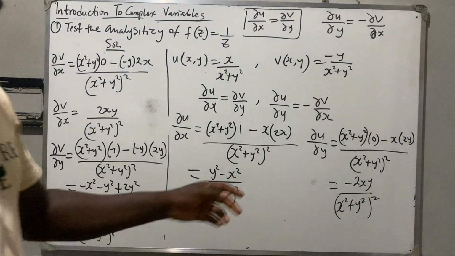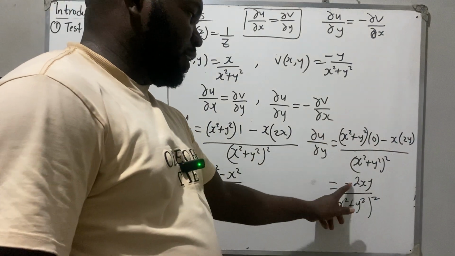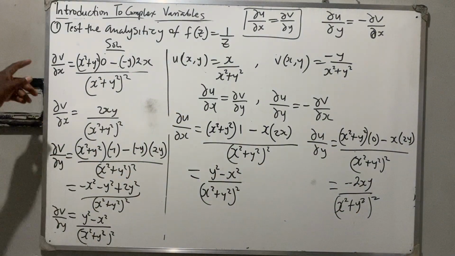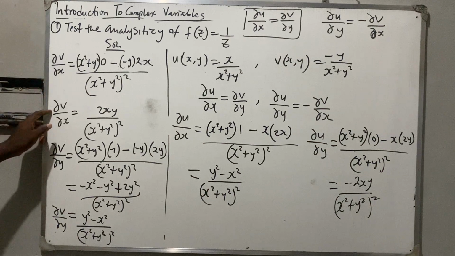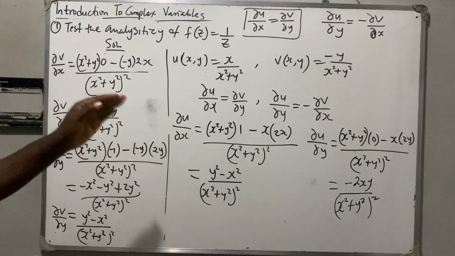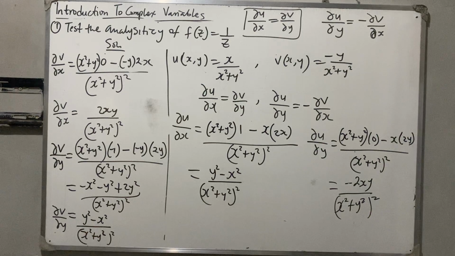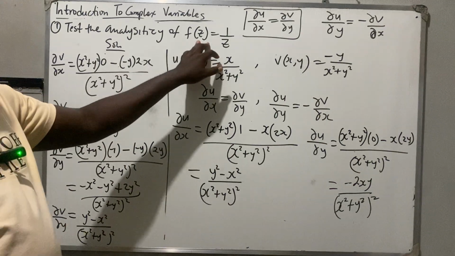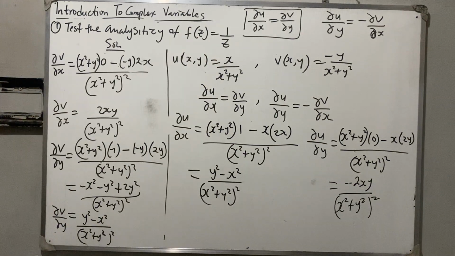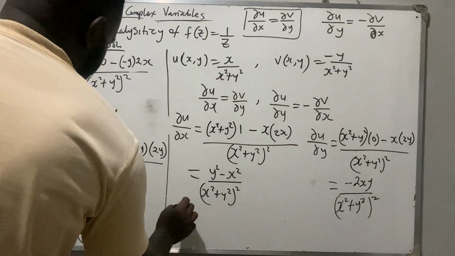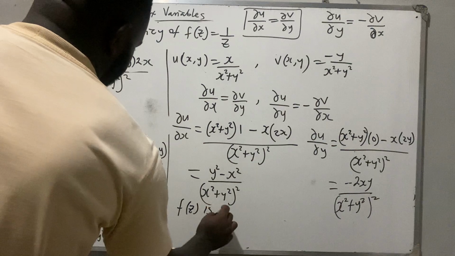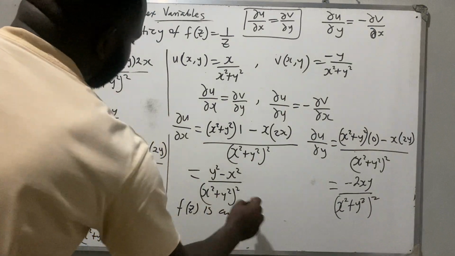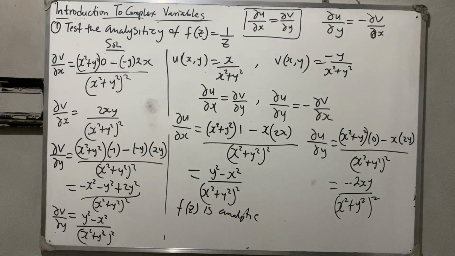So partial u partial y is the negative of this thing, then partial v partial x is the positive of the same thing. So they are the same thing but different in their sign. So it has satisfied the second one. So we conclude that this function is analytic. Write it that f of z is analytic.